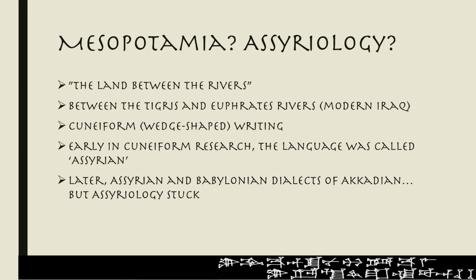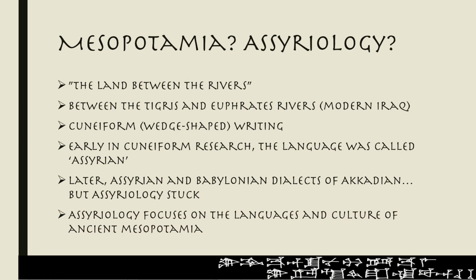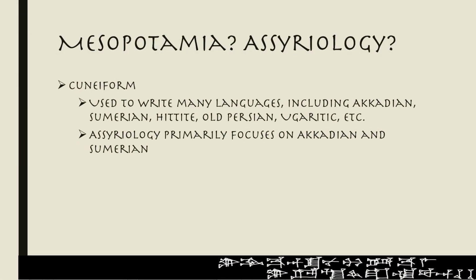However, Assyrian stuck, and it became the basis for the name of the discipline, Assyriology. So it's the study of the Assyrian language. But more broadly today, Assyriology focuses on the languages and the culture of ancient Mesopotamia, which is primarily Sumerian and Akkadian.